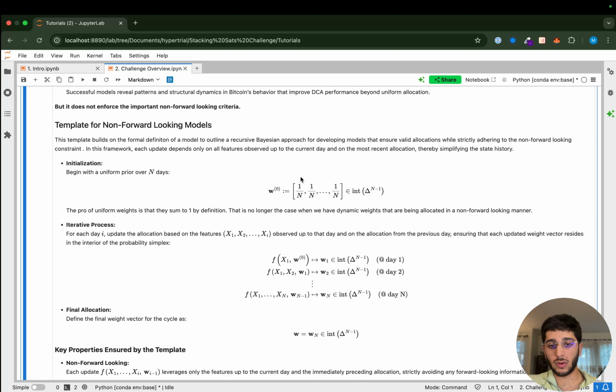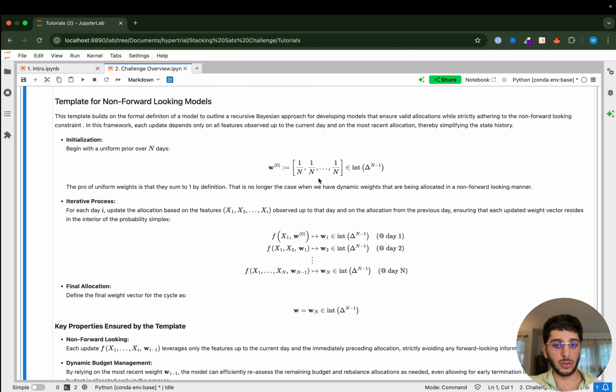It becomes very difficult when you start tweaking each element of the cycle, each day in the cycle on its own. But when you think about your model as spitting out the entire whole at any day in time throughout the cycle, then you can enforce that you always have a vector that's inside the feasible region. So you start off with the uniform vector, which of course is within the feasible region.